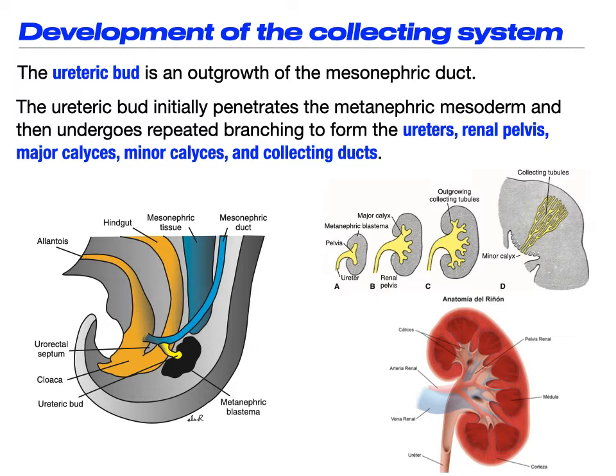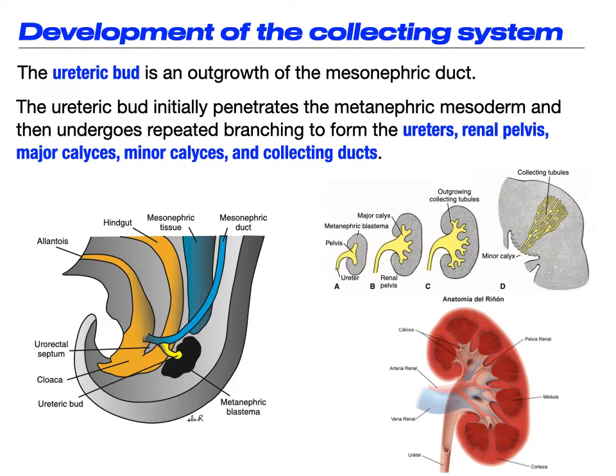The metanephric mesoderm surrounds the end of the ureteric bud, leaving just the ureteric stalk uncovered. The ureteric stalk lengthens and forms the ureter around week 6.